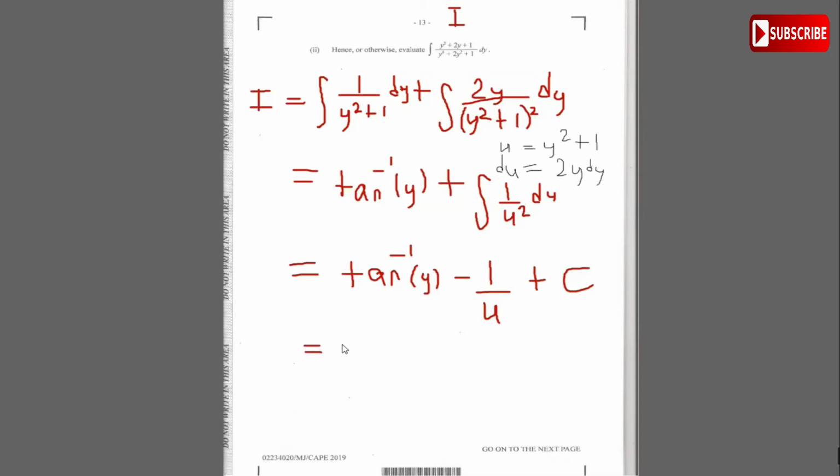This is just tan inverse of y, minus 1 over u, which is minus 1 over y squared plus 1, plus some constant c.